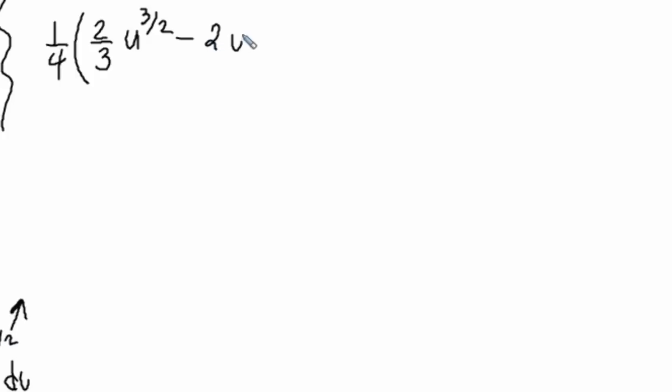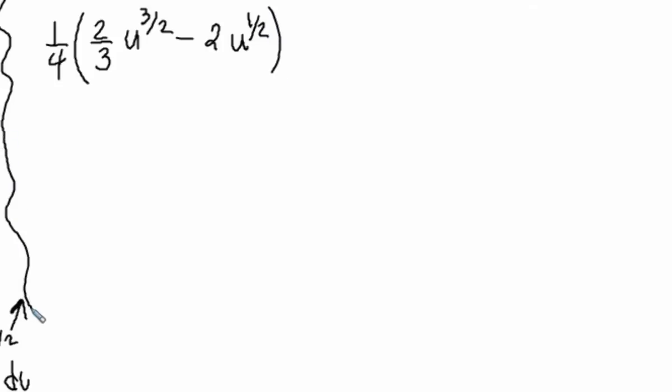So moving up here, we would have 1/4. Now we're going to add 1 to the exponent, and we would have u to the 3/2 divided by 3/2, but I'm going to invert and multiply, minus, now again we're going to add 1 to our exponent, so we would get 1/2, and if we divide it by 1/2, it's the same as multiplying by 2.